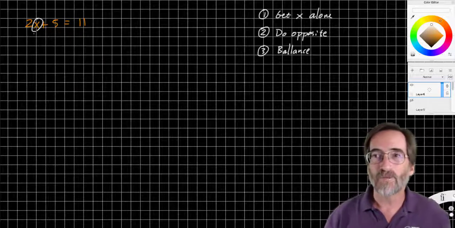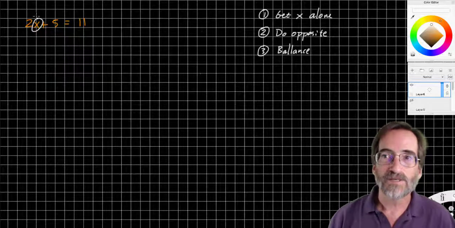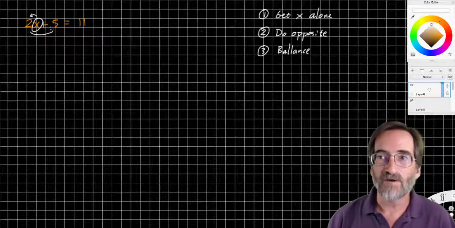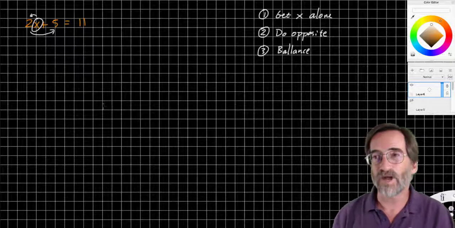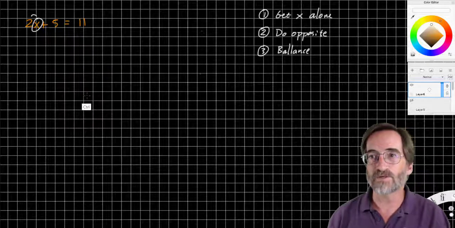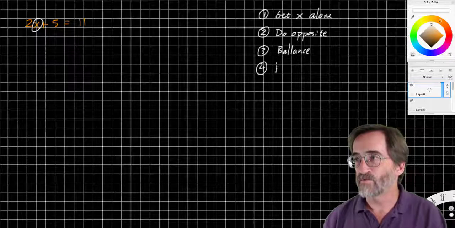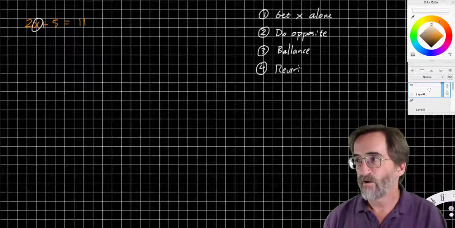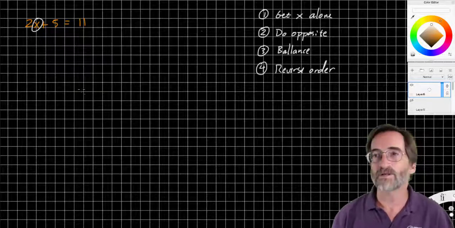Same thing here. PEMDAS, order of operations, says this is x times 2 plus 5, right? So the plus 5 is the last one that was added on, so it goes first. I call this reverse order. When there's more than one thing to get rid of, we do them in reverse order, peeling the onion, so to speak.